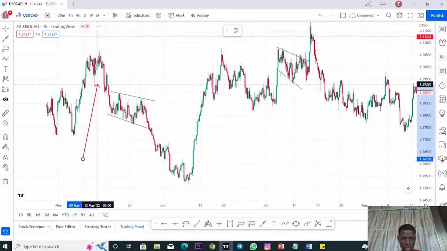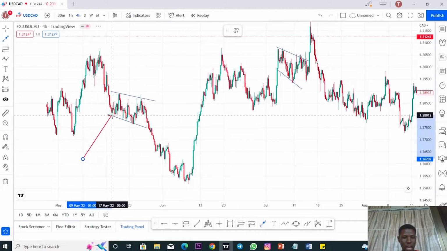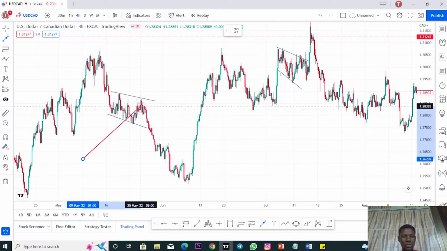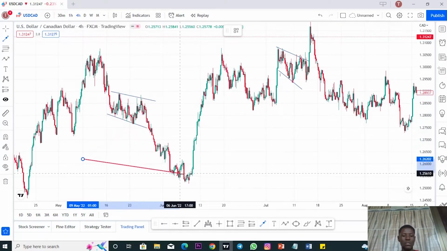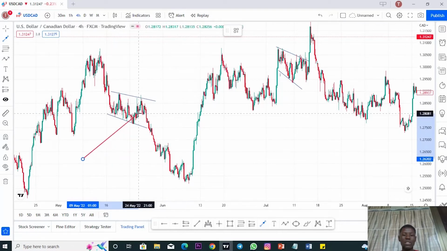As price was coming from this higher high, moved to this higher low, price started to consolidate, then spiked to the downside. So this is how you can spot a flag for continuation in the market.